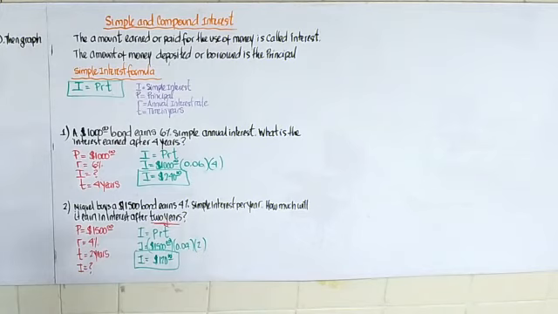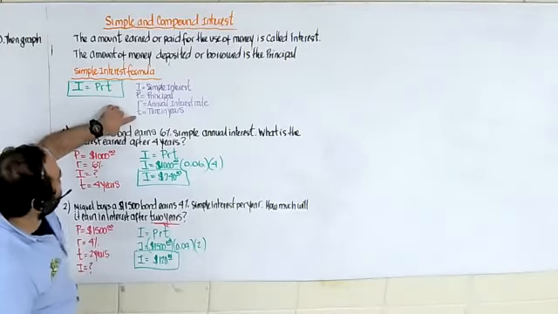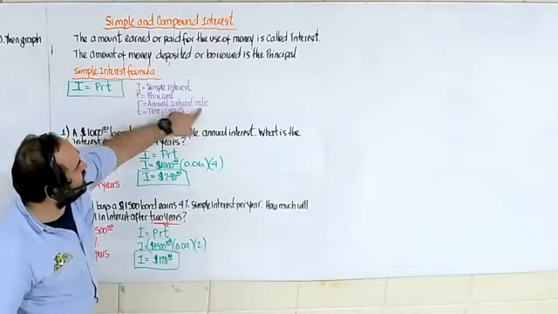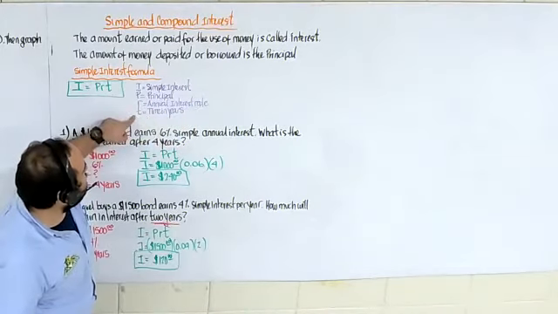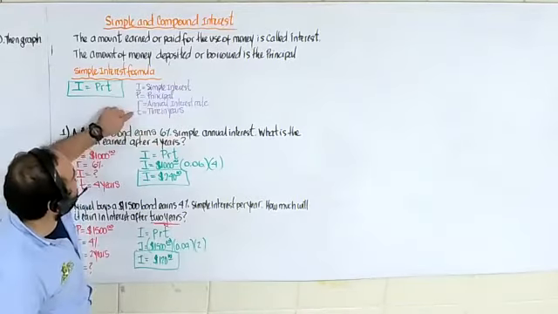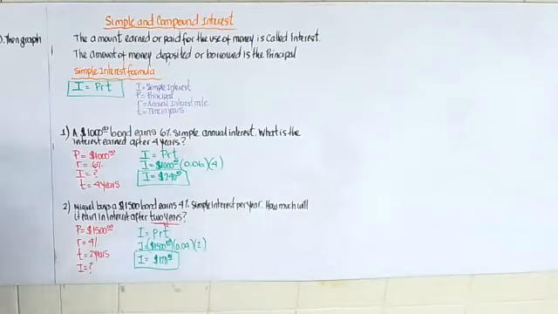Just to finish copying the first part, after annual interest rate, what does it say there? T equals time in years. Okay, that's the part I was missing. Thank you. My pleasure.